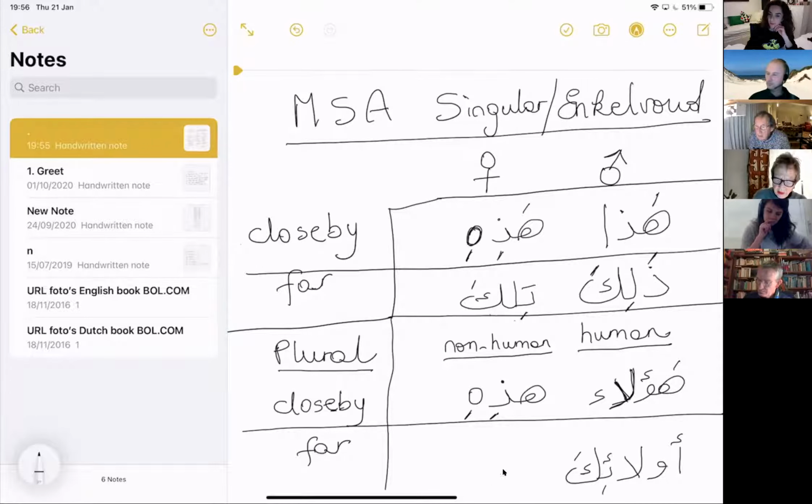And if you are pointing to things or animals, then you would use تلك, which is the same as the singular feminine, enkelvoud vrouwelijk.